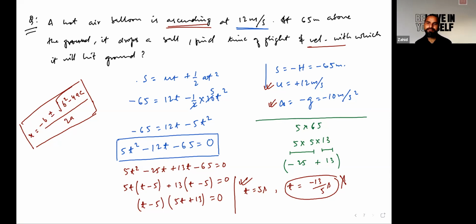Hamza, check your signs. Sign of u, sign of g. We have u equals plus 12 meters per second. Acceleration is minus 10 meters per second square, and time is just 5 seconds. So use the first equation of motion, v equals u plus at.